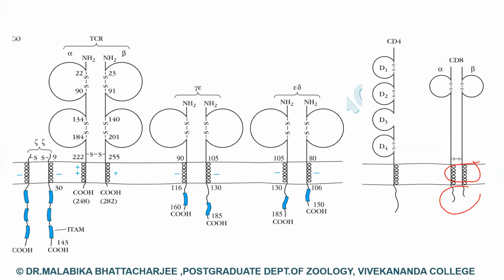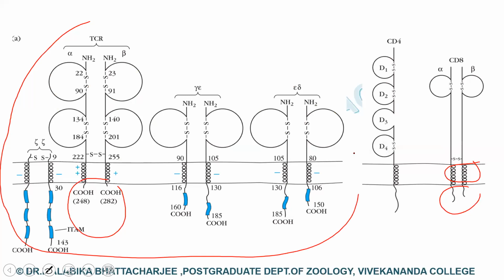The TCR does not have its independent existence, because the TCR does not have any cytoplasmic region which can transduce the signal. So the TCR is always present in complex with the CD3 receptor complex. They act as a partner.